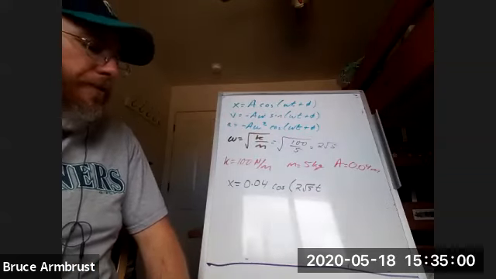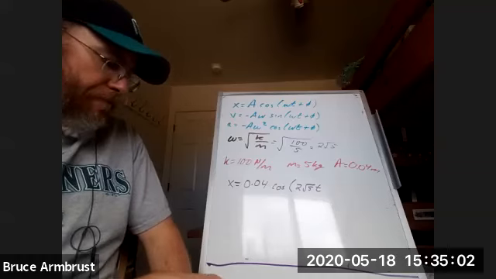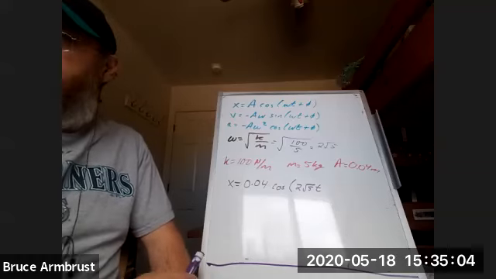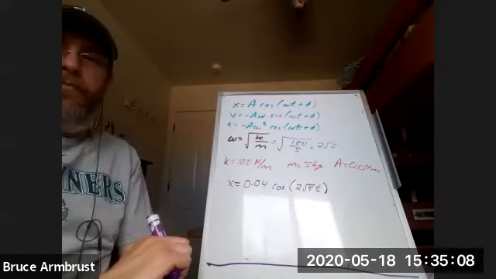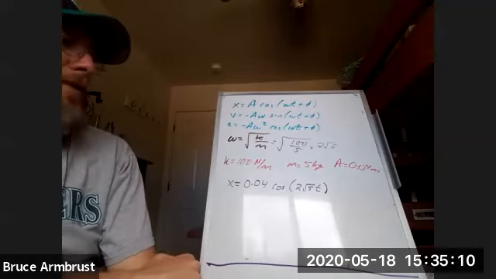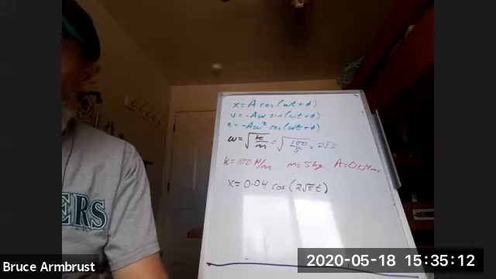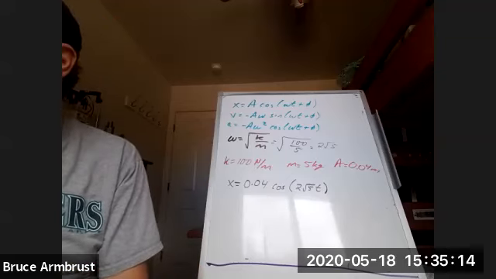Okay, so what kind of phase shift do we need? Well, in this case, we don't need any phase shift. Why not? Why can't I just put the parenthesis there and not put a plus something?